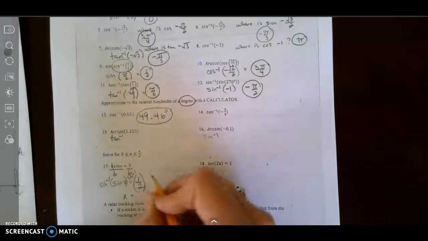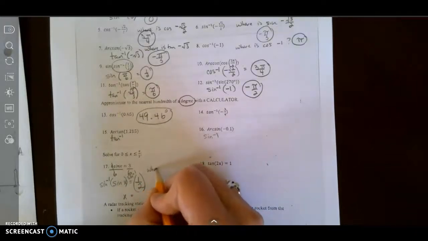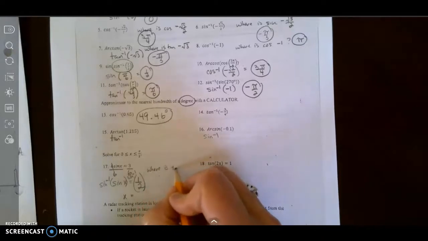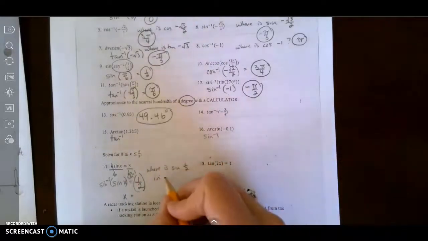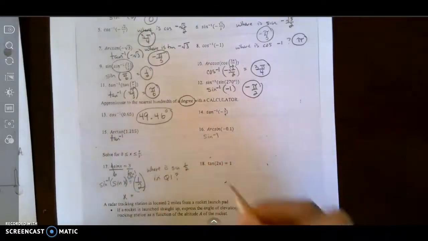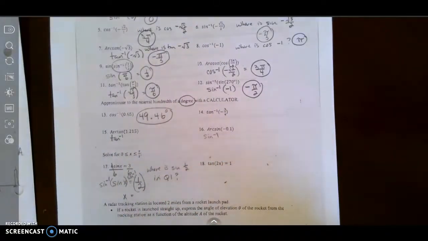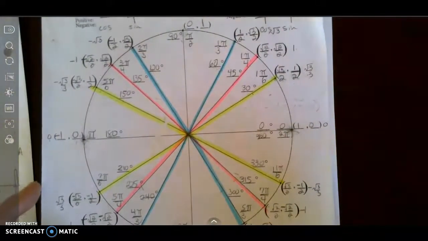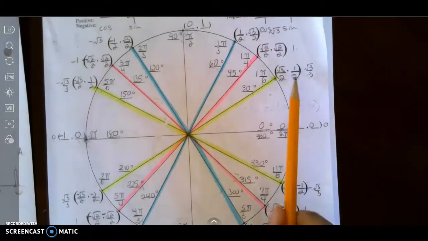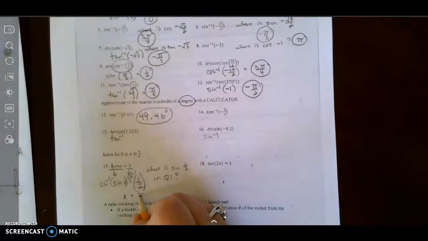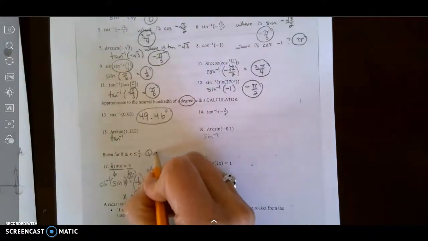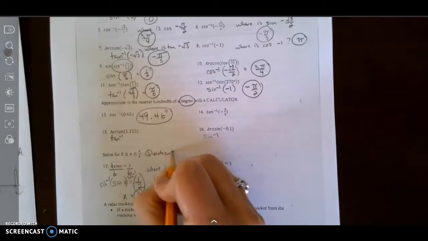So where is sine 1/2 is what it's asking. In quadrant 1. So I go to quadrant 1. Sine is the y coordinate right here at the half at pi over 6. So the answer is pi over 6. This means quadrant 1.